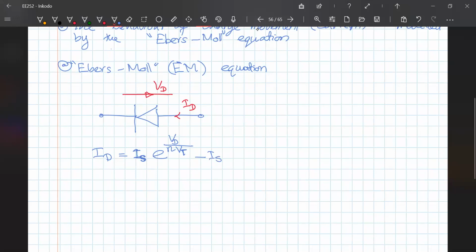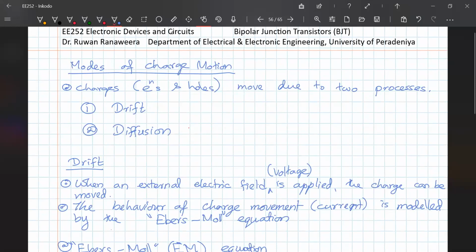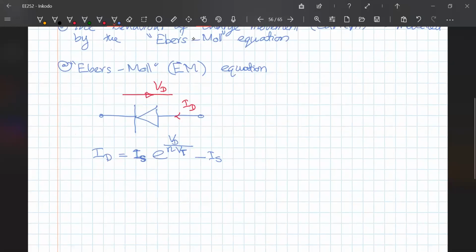Okay, so this IS is called the reverse saturation current, which is basically the diffusion current. Remember, there were two ways of current, drift current and diffusion current. So IS is the diffusion current. It's a very small current, but it is there, whether it is forward bias or reverse bias. We'll get to that.